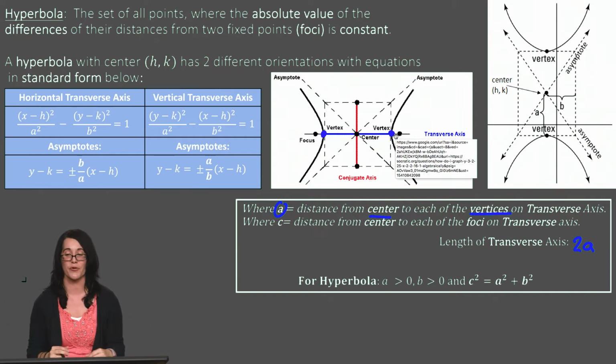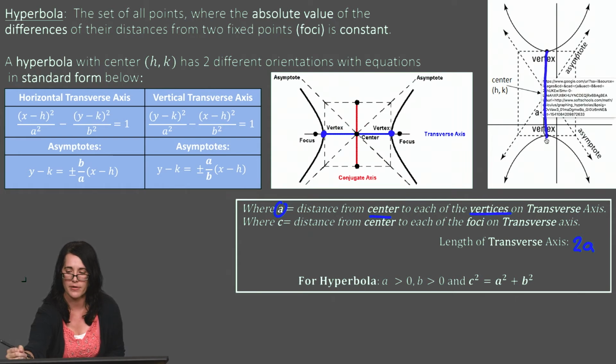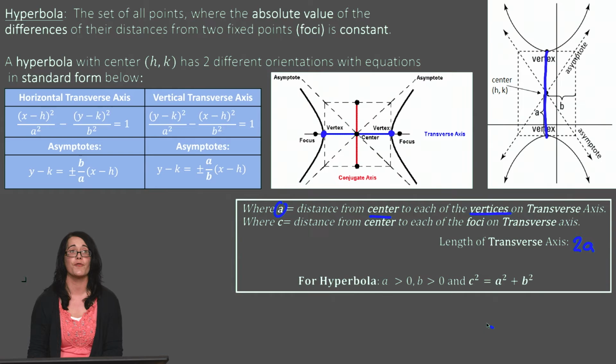Notice in the other picture on the far right of your screen, you'll see a hyperbola which opens up and down instead. We would say that it has a vertical transverse axis, meaning the line that connects these two vertices is a vertical line, okay? And again, that vertical transverse axis has a total length of 2a, because a is your distance from your center to each of your vertices.